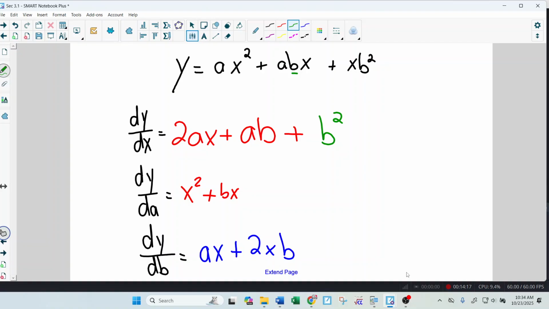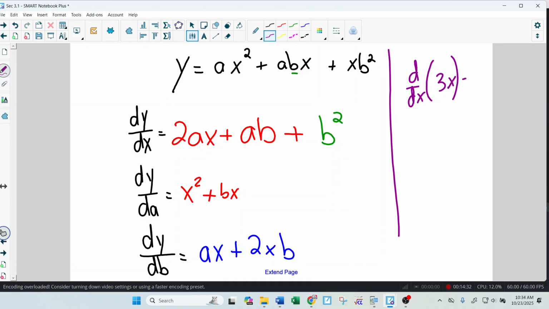So you see, as we look at those, you have to consider what's the real variable. Think of it this way, this may help. If I said x is my variable, what is the derivative of 3x? 3, just 3. So if I said my variable is a, what's the derivative of 3a? 3.